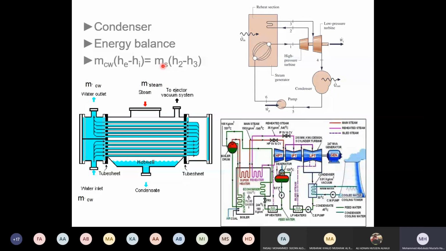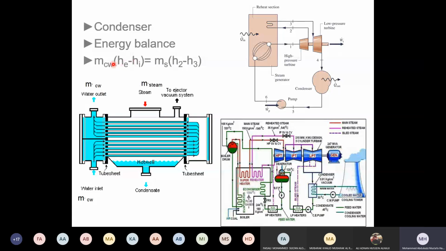So this is the mass of steam multiplied by delta h, which in this case is h4 minus h5. And then for the water, h exit minus h inlet. Normally the students do this well, but how do you get h exit and h inlet? This is normally at 20 and this is 30, so you go to the table and get hf at those, or you can take c delta T.